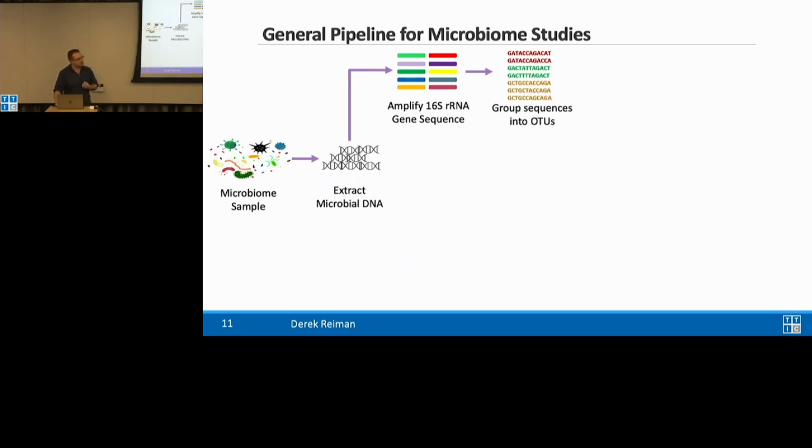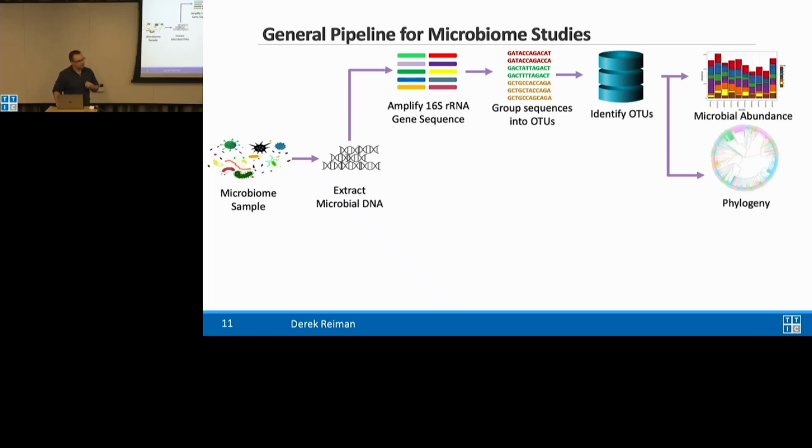And then we can cluster these sequences into operational taxonomic units, and map these OTUs into a taxonomic database so that we can now identify within each gut microbiome sample which microbes are present, how abundant each microbe is, as well as some phylogenetic information regarding these sequences, so we know who's present and how similar they are.